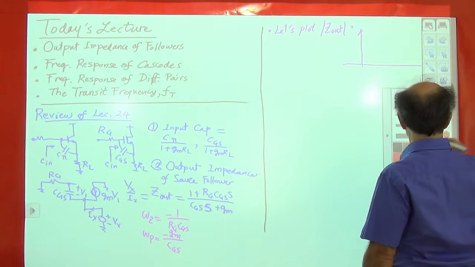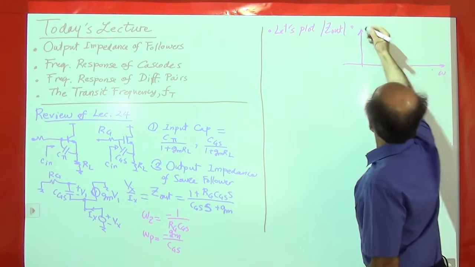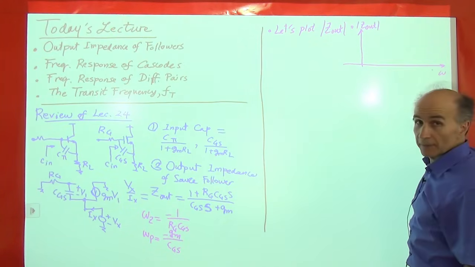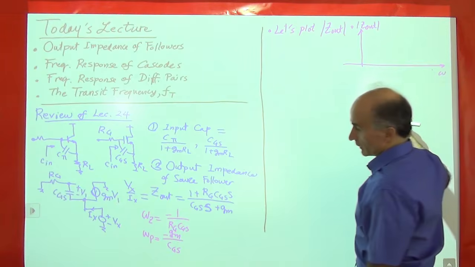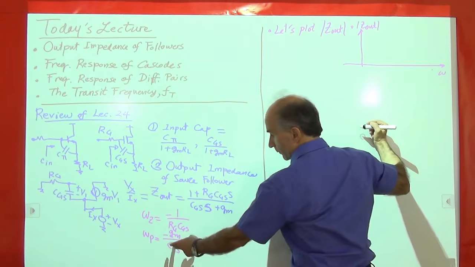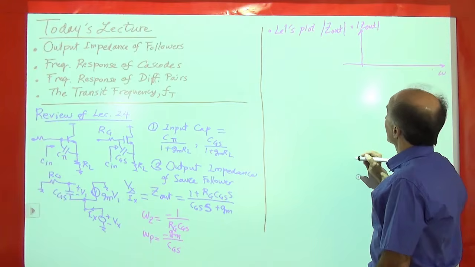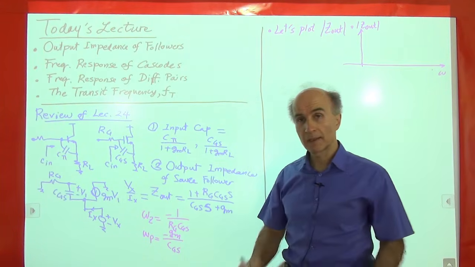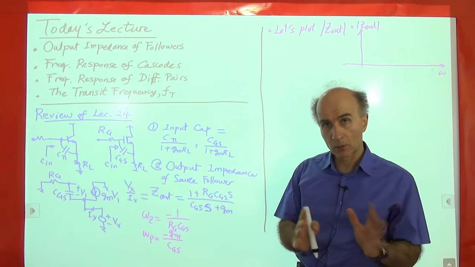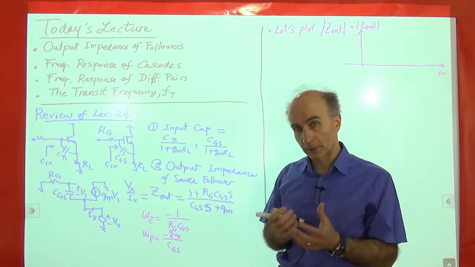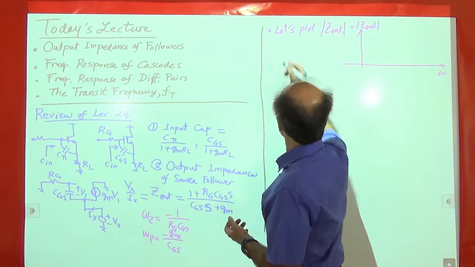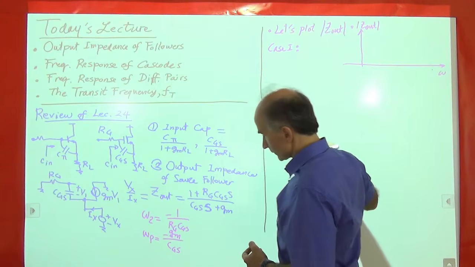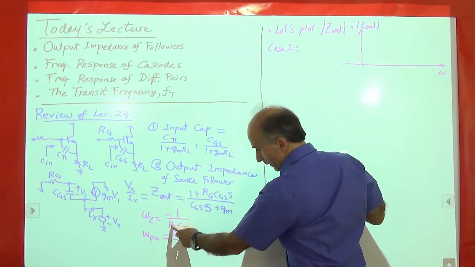Let's do that. So this is the magnitude of Z out as a function of frequency. And I just have to identify the zero frequency and the pole frequency. Okay, so I need to consider two cases because I don't know which one of these is closer to the origin, which one has a smaller absolute value. So we'll consider two cases. Case one. Okay, so you see here we have 1 over Rg CGS.